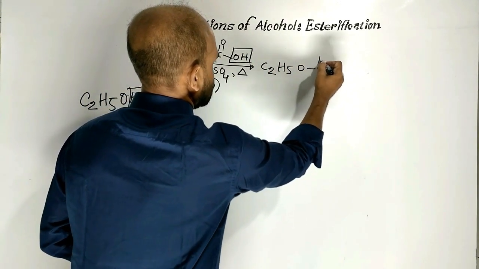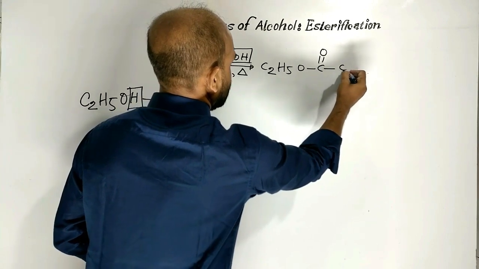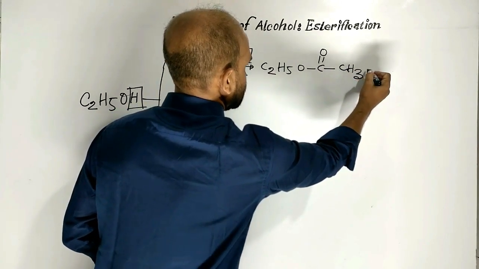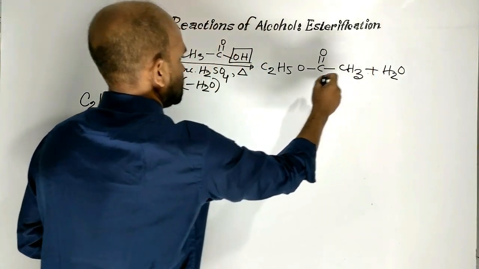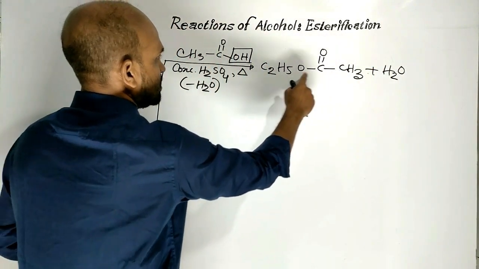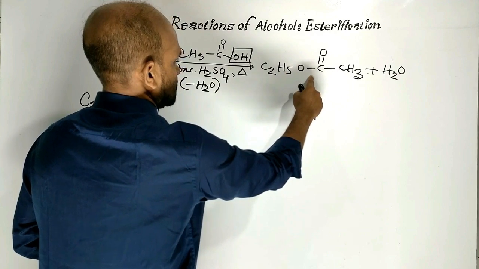Oxygen, CO, CH3. Water is formed as byproduct. This is ethyl ethanoate ester.